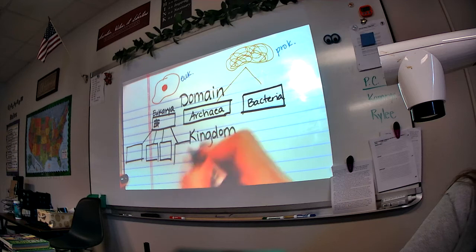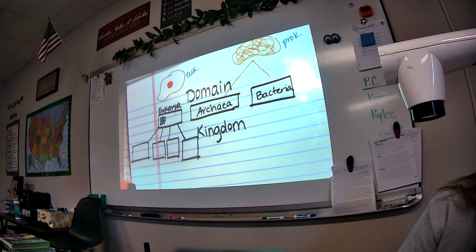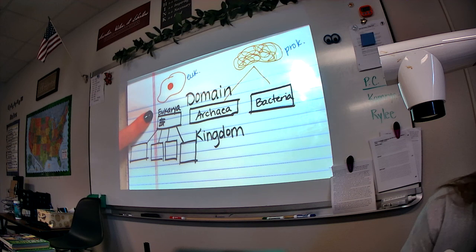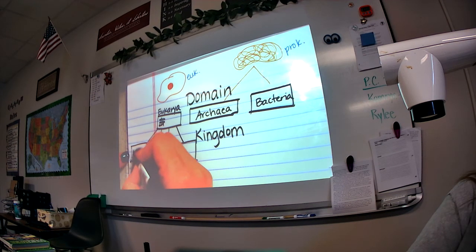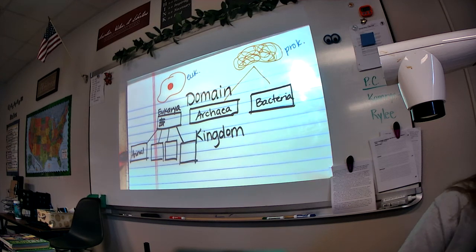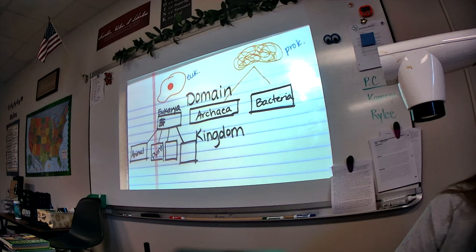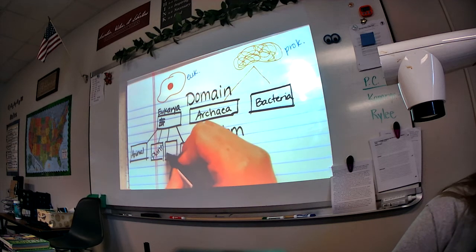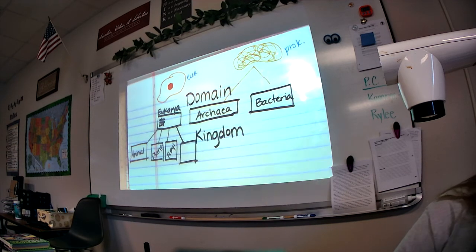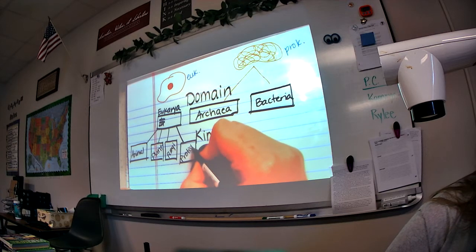And again, next week you'll get notes with all of this stuff in it, so don't worry about memorizing it right now. Eukarya has 4 kingdoms. The first one is Animalia, or the animal kingdom, the one you're probably most familiar with. Next is the plant kingdom, which we call Plantae. That's the Latin name for it. Next is Fungi. And the last one is Protista, or the Protist kingdom.